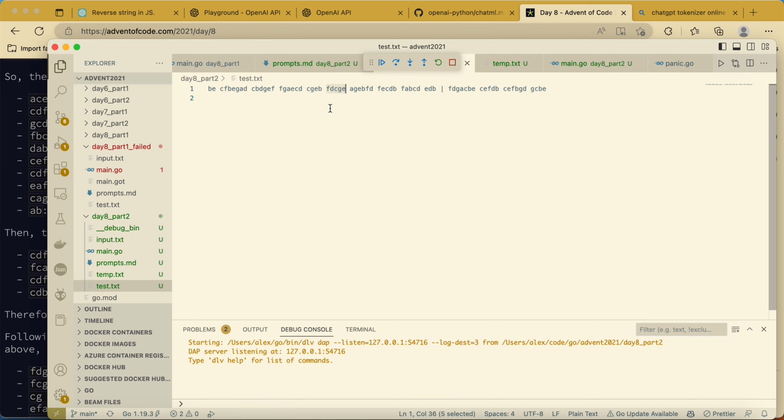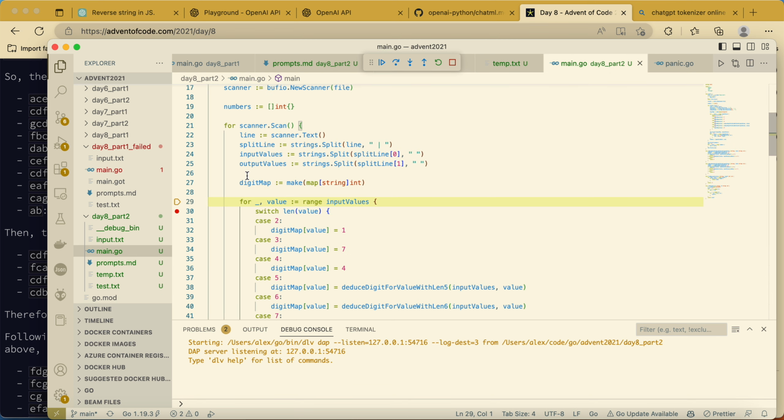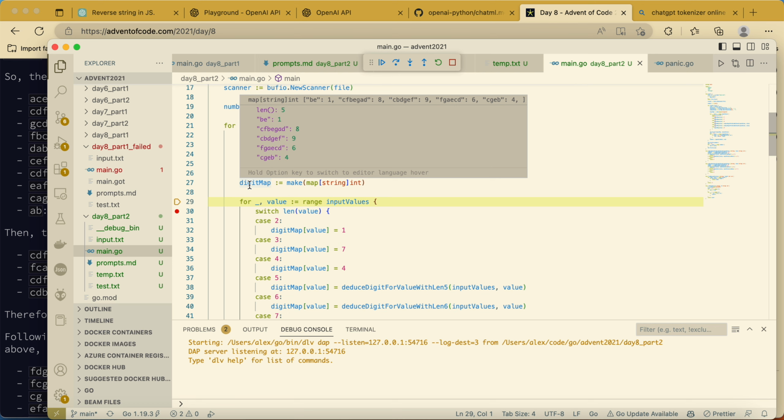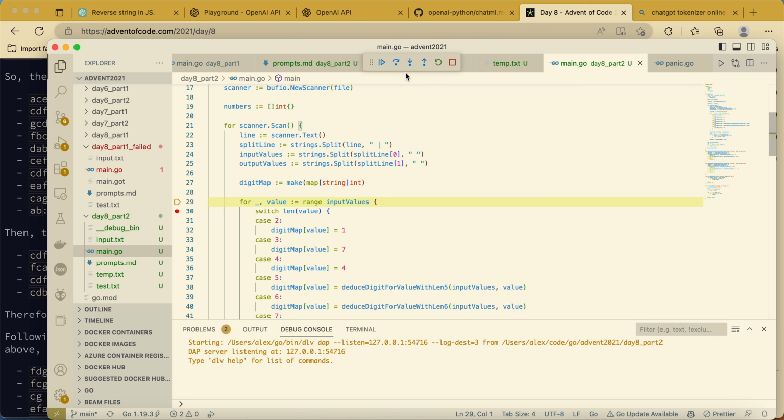What happened with F, D, C, G, E? Let me go to the program. Okay, we're before that. Now we're at these bad boys that should jump into our function.